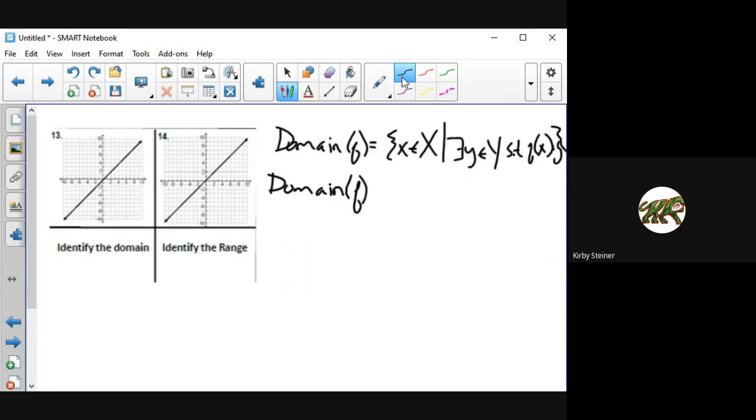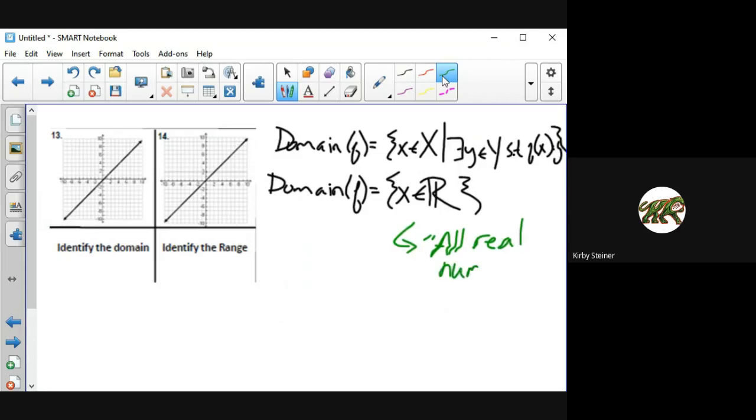Domain of f is going to be all x in the set of real numbers. This translates to all real numbers.